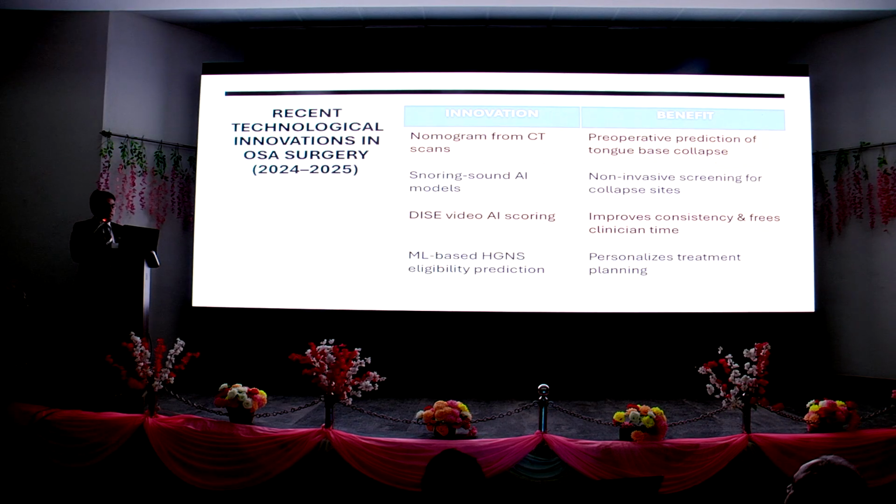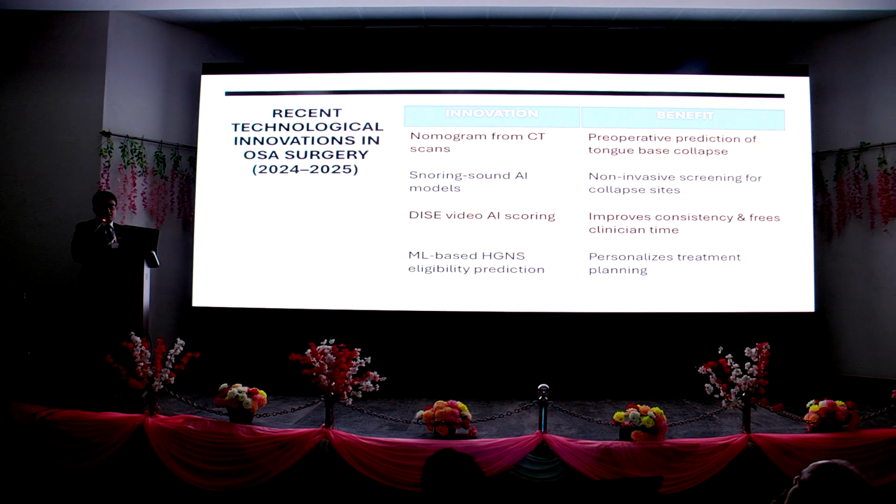Some of the other recent technological innovations in OSA surgeries, this one got my attention. They're calling it the nomogram from CT scans. For those who don't know about it, it is a visual predictive tool, a sort of graphical calculator that combines multiple variables like BMI, tonsil size, AHI, tongue base thickness, and CT scan findings of the airway width.